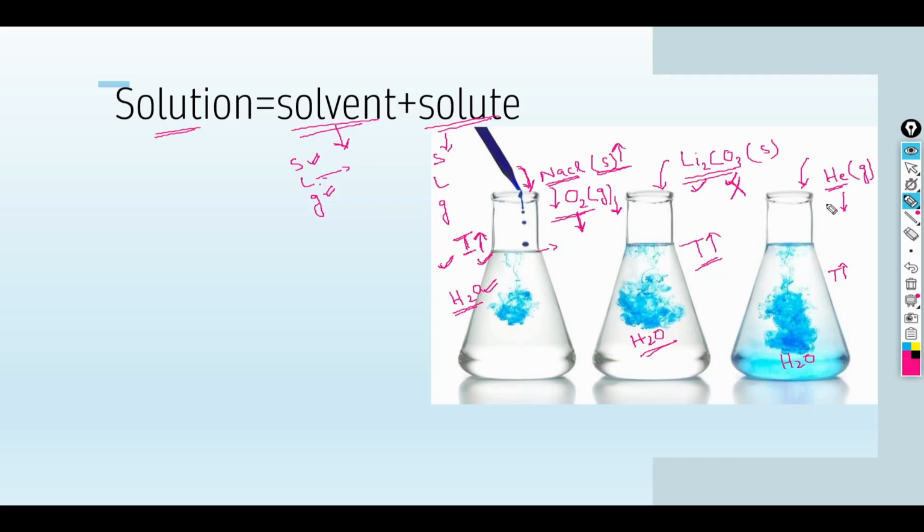But this is an exception. First it will decrease with the rise in temperature. After that, its solubility will increase with the rise in temperature. So initially the solubility of helium will decrease, but after some time it will start increasing. These are the exceptions you have to keep in mind.